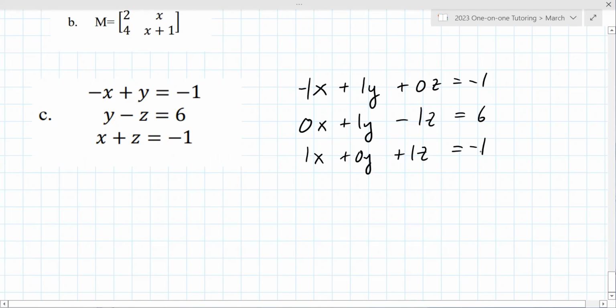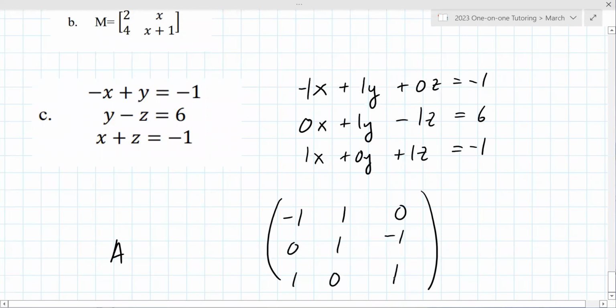Now it looks better. Your matrix A is the coefficients of x, y, and z. It's so easy to just forget one or put it in the wrong order. And then typically this right-hand side is called B.